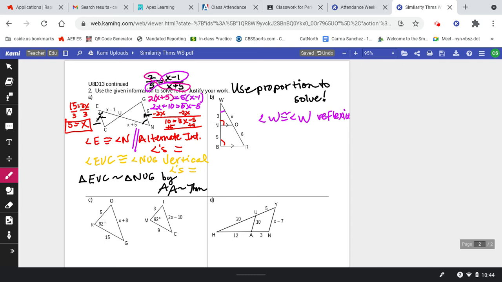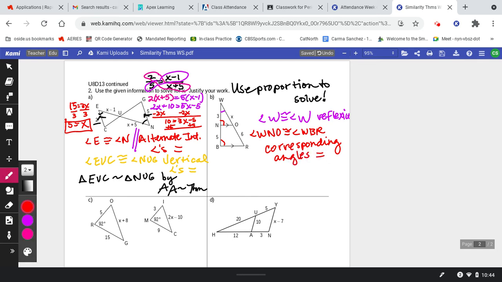And then I'm going to say angle WNO is congruent to angle WBR by corresponding angles are equal. That is only true with parallel lines.